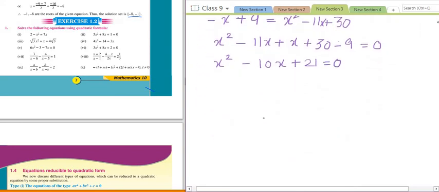Now this is a form of the general standard quadratic equation. Now a equals 1, b equals minus 10, c equals 21. Clear?